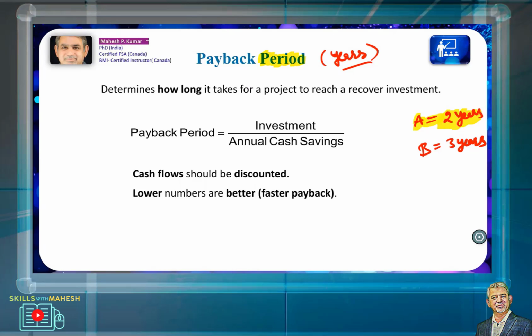That is why you were reading this one, that lower numbers are better, which means the faster the payback of a project, the better the project would be. Lower the number in years, better it would be. Right.